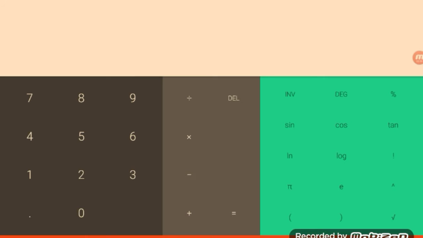Now moving to hashtag 2, pi. Pi is actually not a trick, it's also a fact. So let's see what this fact is. You just have to type pi in the calculator and click on the equal to sign. It'll show this number.